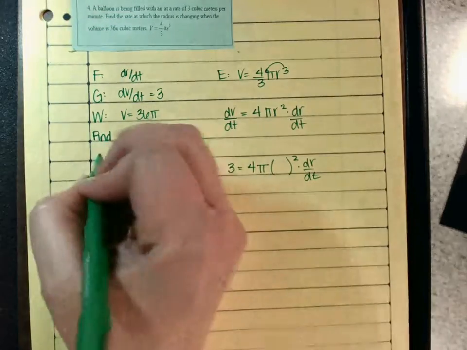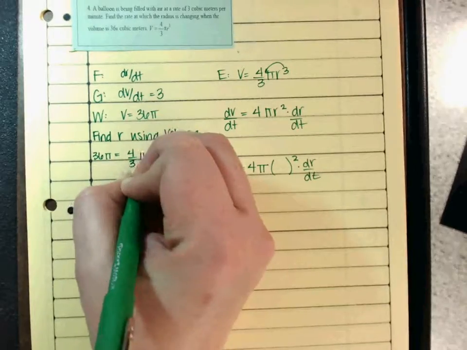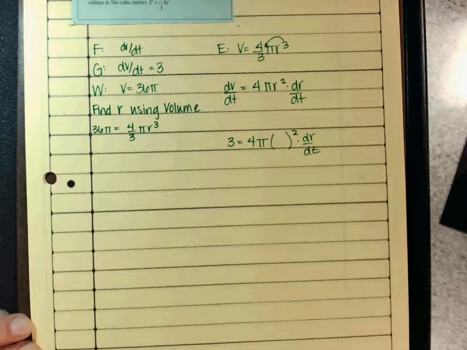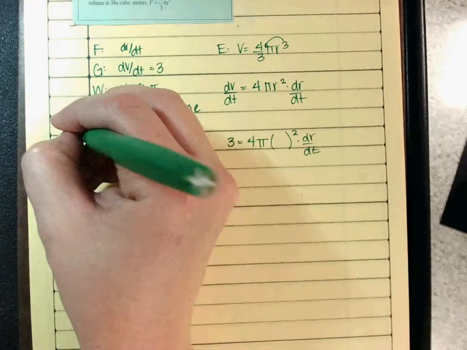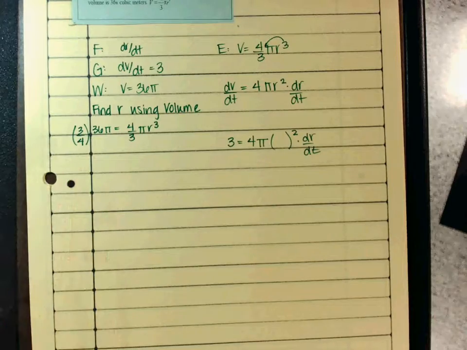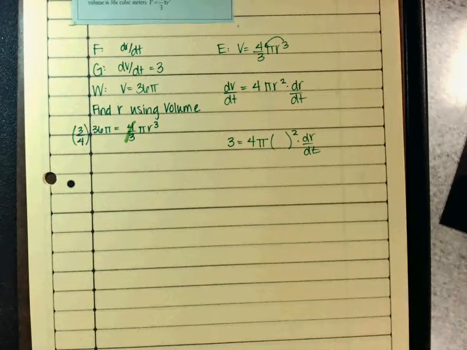So 36 pi is the answer for 4/3 pi r cubed. How am I going to get rid of 4/3? Multiply by what? 3/4. So I'm going to put a 3/4 here, and then I'm going to cross out the 4/3 to make it go away. Now, when you're multiplying, you can multiply or divide first. It doesn't matter.